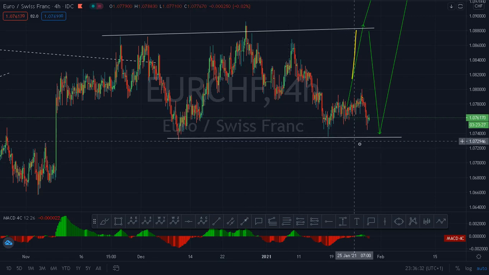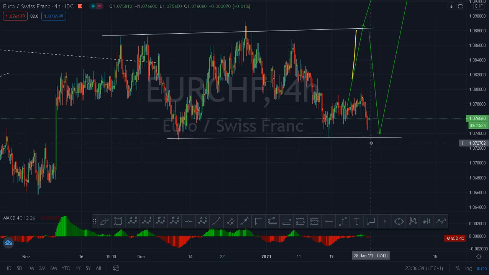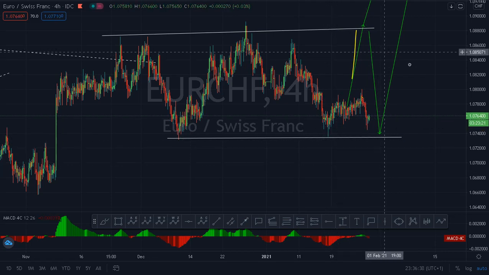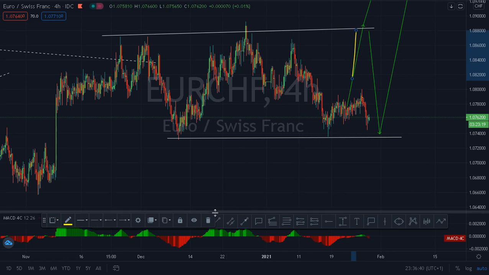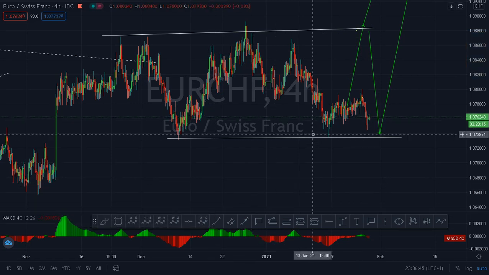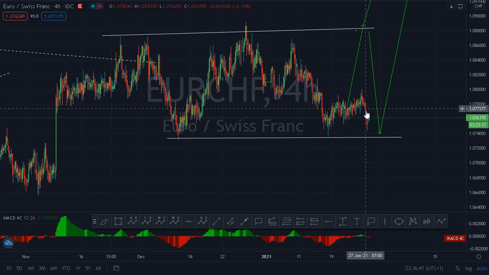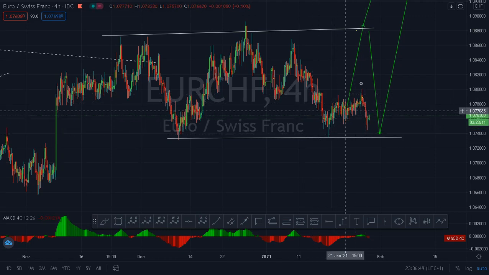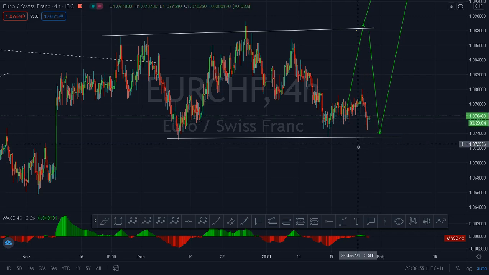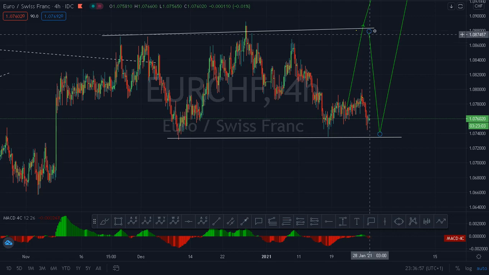It may not break this line, but it may hit it just like this, and this time around it may go far. You see, sellers hit the line, but the buyers don't have the strength to push it. That's why it will do all this. But this time around, the buyers are buckling up. They may take it up here.